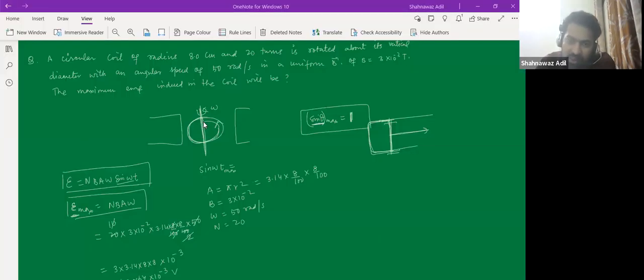Because what is the length of the Y that you are moving? You are moving the whole aperture, the whole circle, right? You are not moving any one arm. This is the axis of rotation. So whenever we are rotating, we use this. Is it clear?